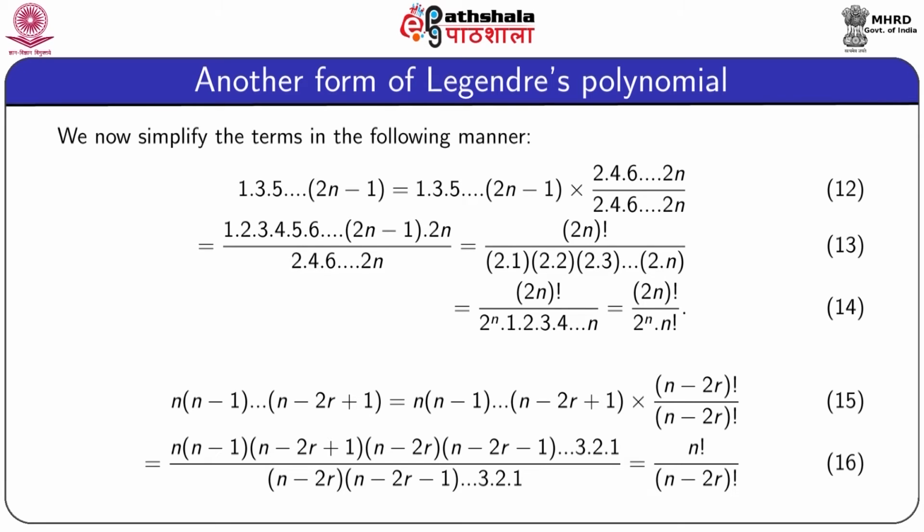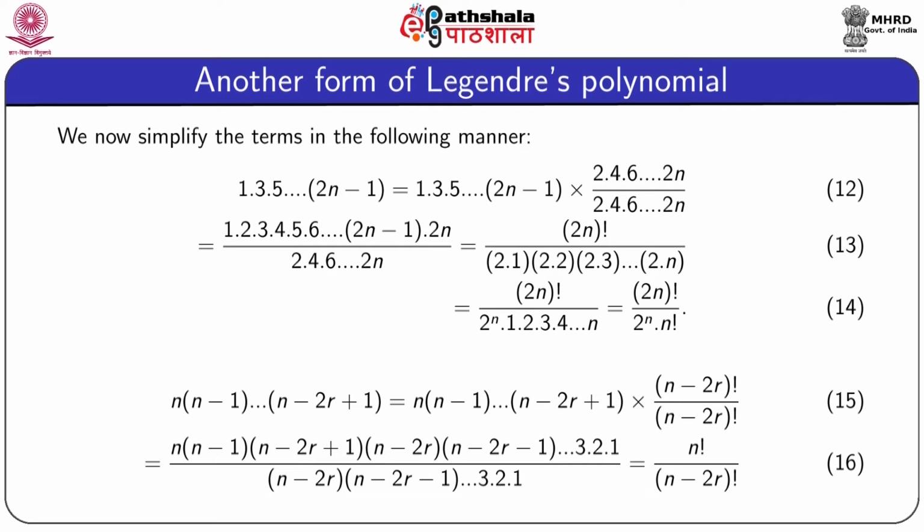We now simplify the numerators and denominators of expression number 13. The numerator 1.3.5 ... 2n minus 1, you multiply both numerator and denominator by 2.4.6 ... 2n, which is given in equation number 14.